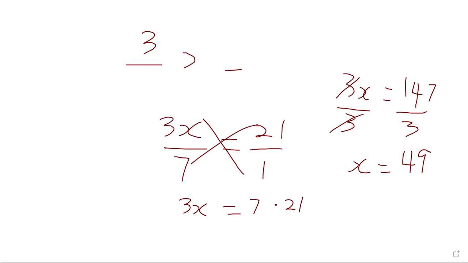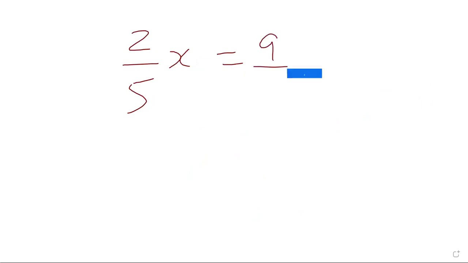So another one, we've got 2/5 x equals 9 over 16. So this time, both of them are fractions. Again, same method applies.